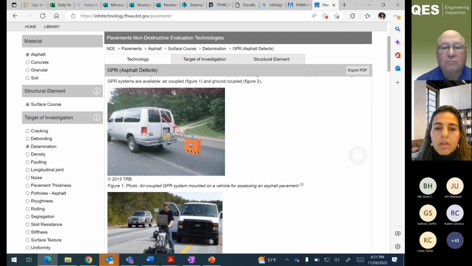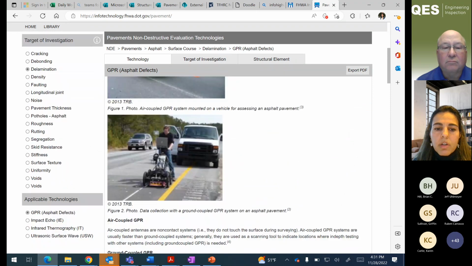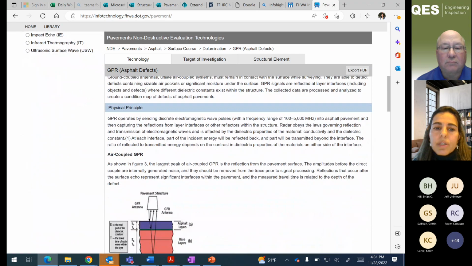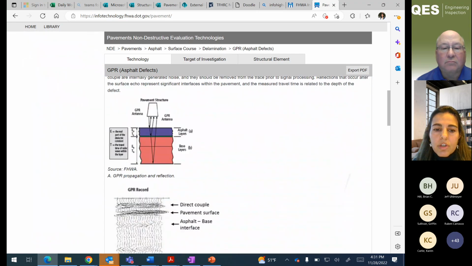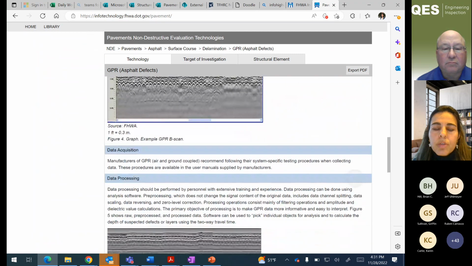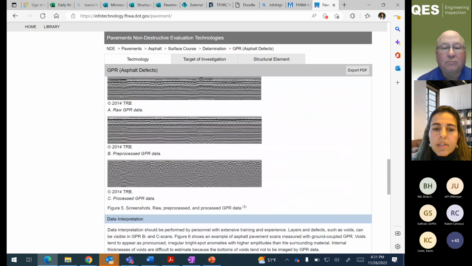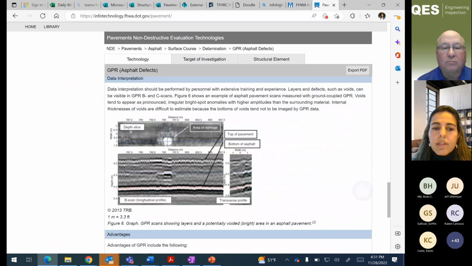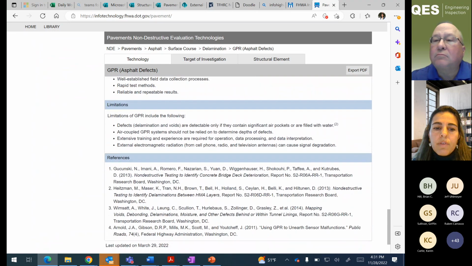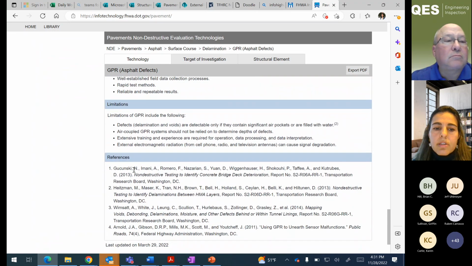Then the description of GPR, different types of GPR technology, air coupled and ground coupled, and the physical principle of each type of GPR. How to acquire the data, how to process the data, and finally how to present and interpret the data. And at the end, advantages and limitations of the technologies, with a few references listed here.